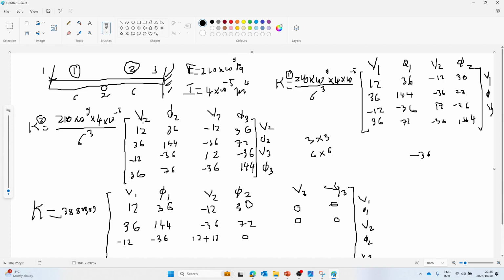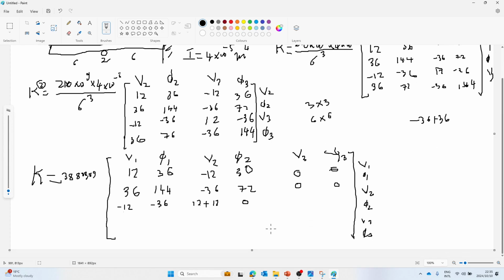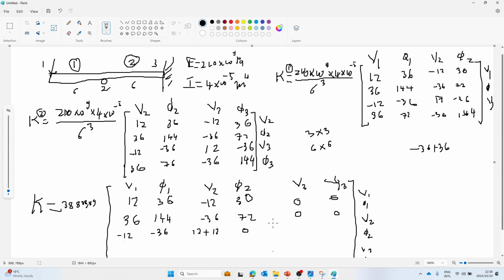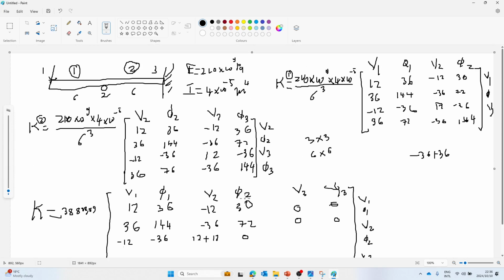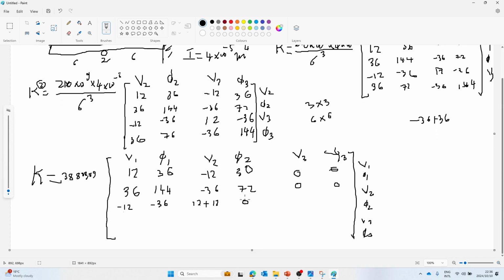Here, phi 2, V2, phi 2. What is the value? It is positive 36. So I'm going to have minus 36 plus positive 36. That's what gives the 0 here. It's straightforward, guys. Believe me. Next, you do for each line. I know this thing can sometimes be confusing, but if you stick to this method, you'll get it right.